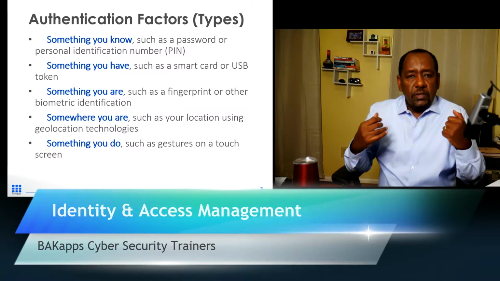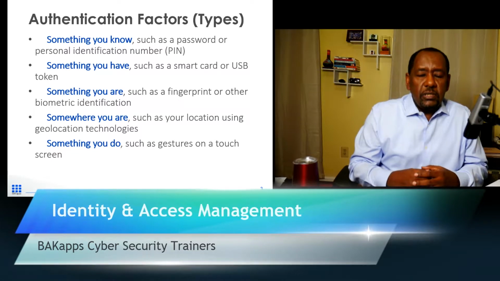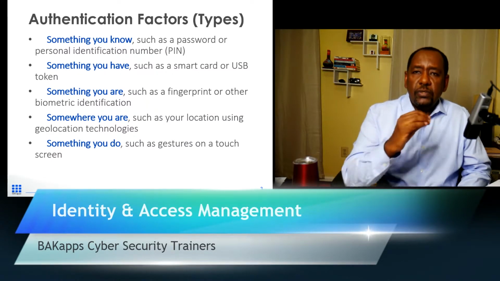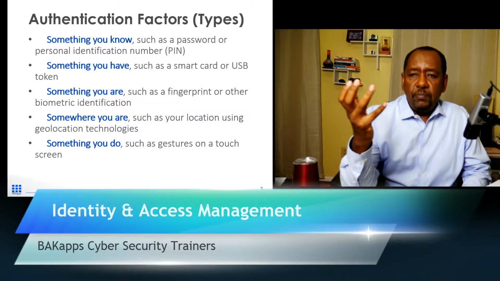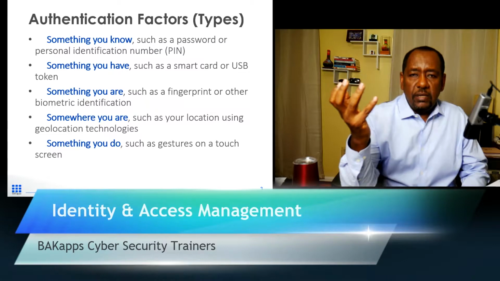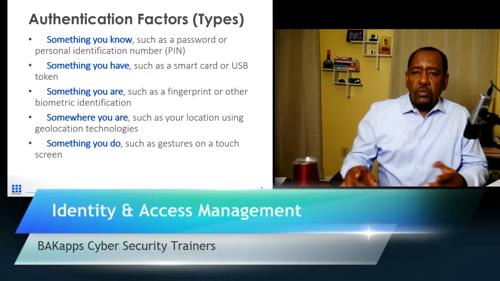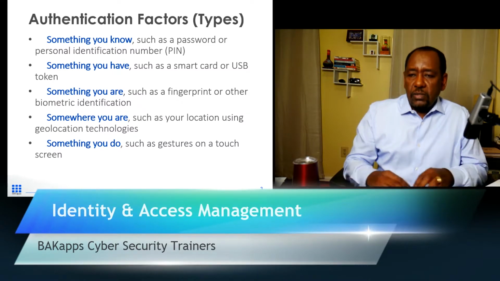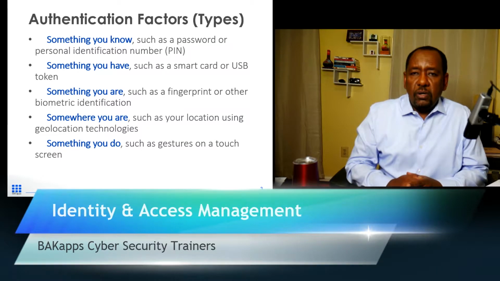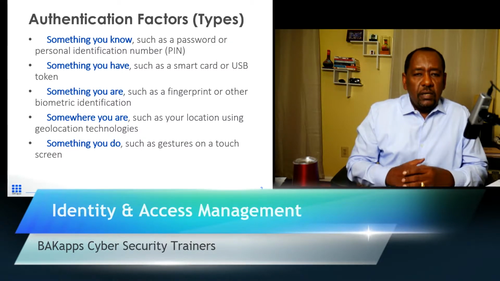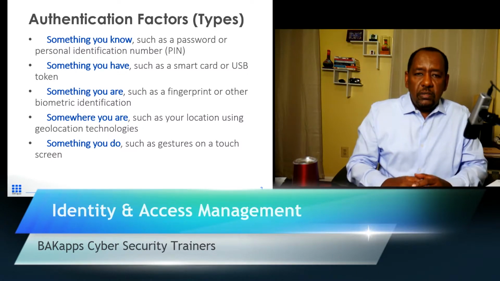The simpler one we commonly use to authenticate to a system is what we call something you know, such as a password or a PIN, a personal identification number. You go to your computer, you type your username, and to get access you have to type some kind of password. This is called something you know, the simpler one.